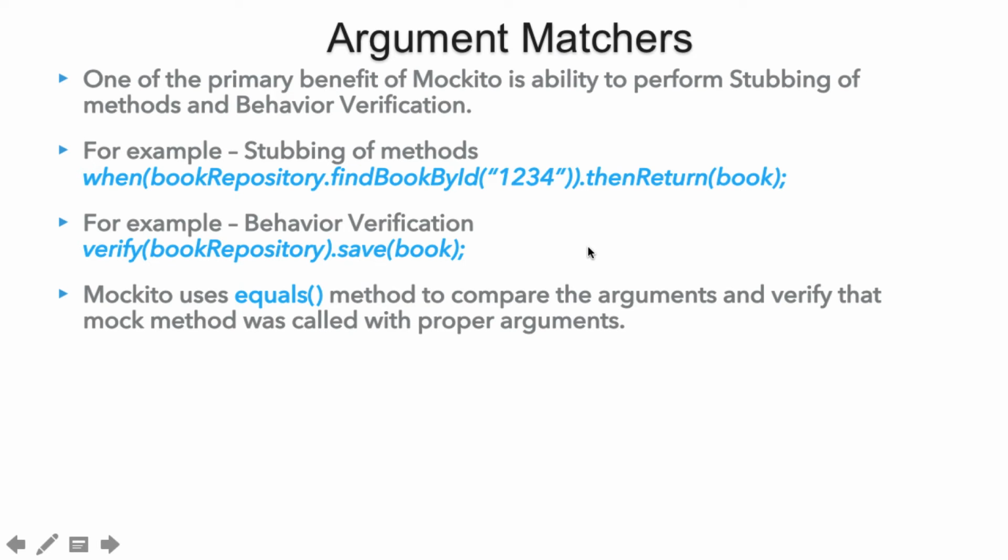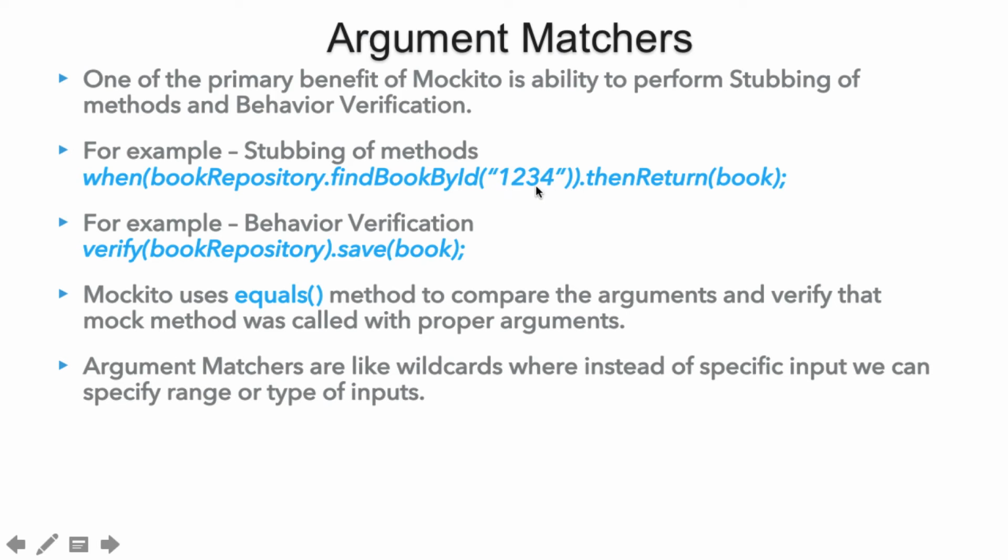Now the problem here is that this value is a fixed value. What if we want to provide dynamic values here and we don't care about these fixed values? Let's say that whatever string goes here, we simply want a book to be returned. For that, argument matchers came into the picture.